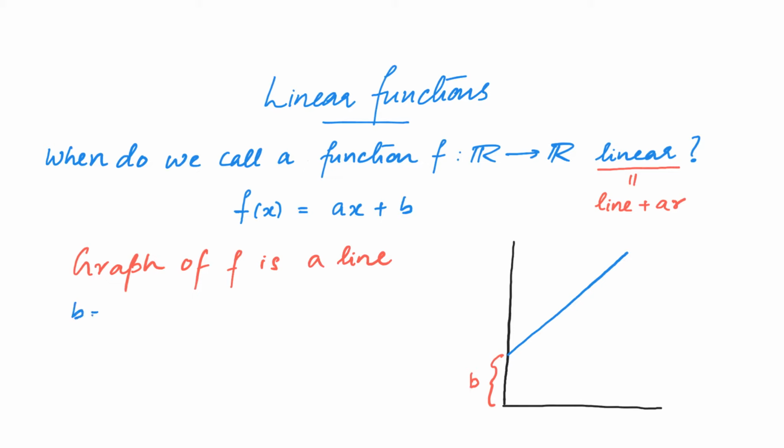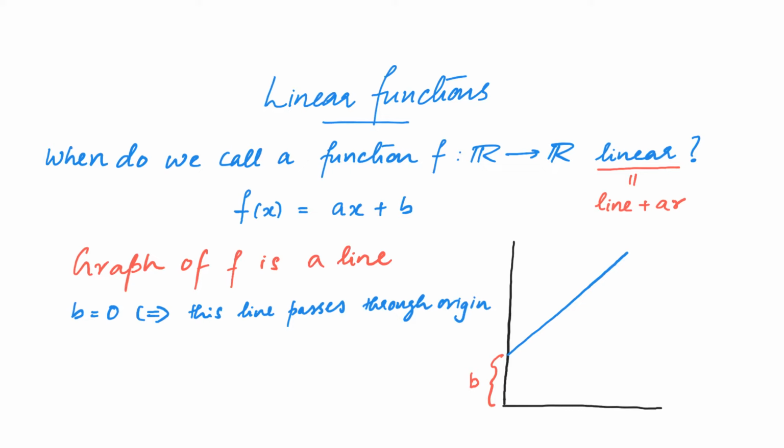Therefore, notice that if b is equal to 0, then this line passes through the origin. And this is in some sense important, so that's why I am stating it. We will soon see that lines passing through the origin are of more importance. And that is equivalent to b being 0.